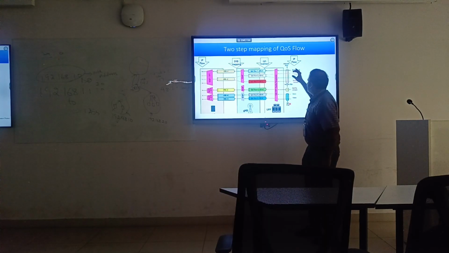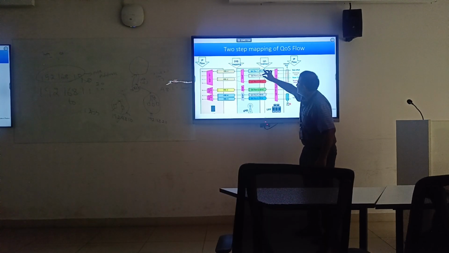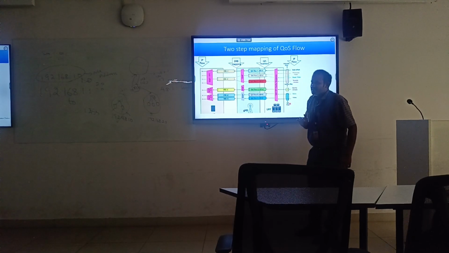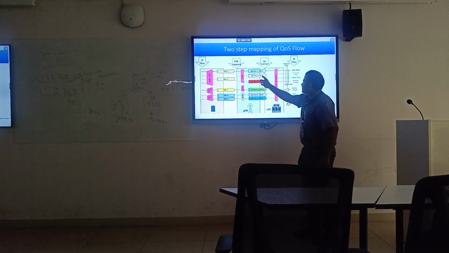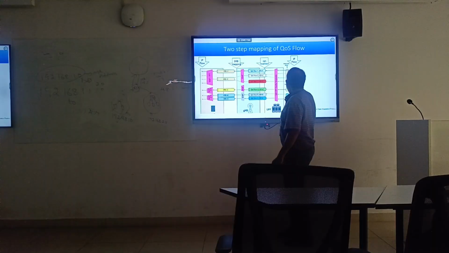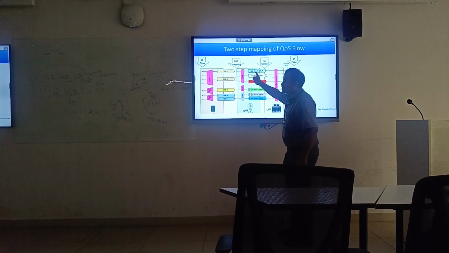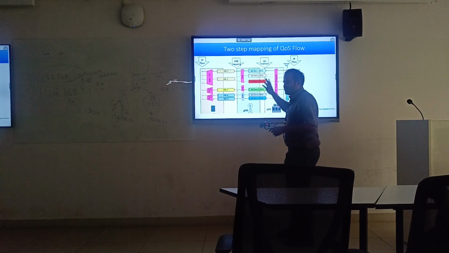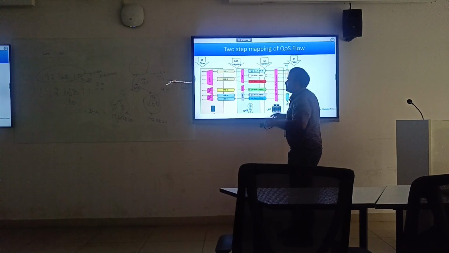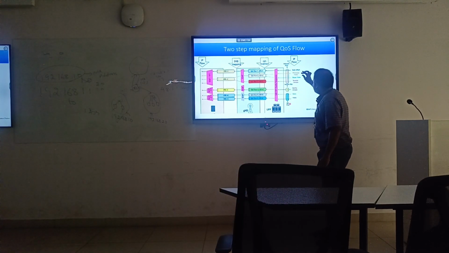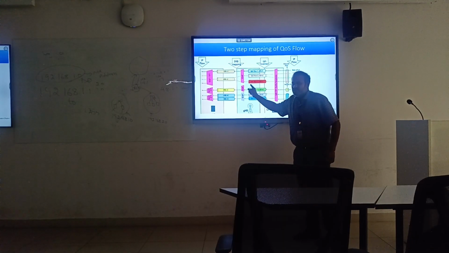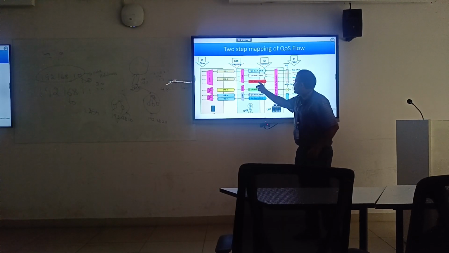Now you see this WhatsApp and Skype clubbed together and given to this QoS. Best effort will come under QoS flow 1. Best effort means your voice call. Your WhatsApp video, Skype video, and YouTube will be given a different QoS, defined as QoS flow 3.